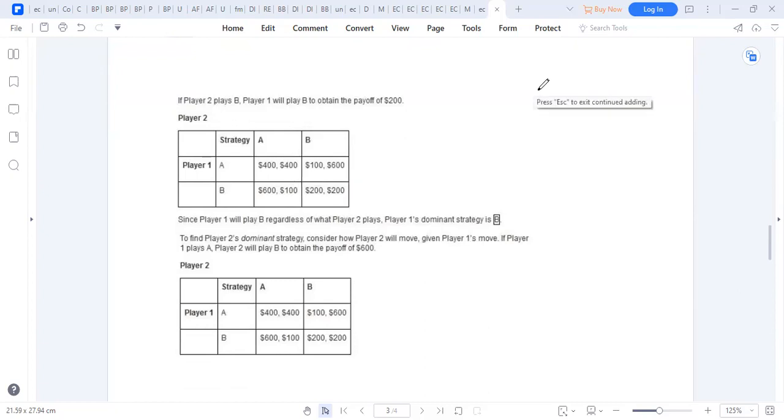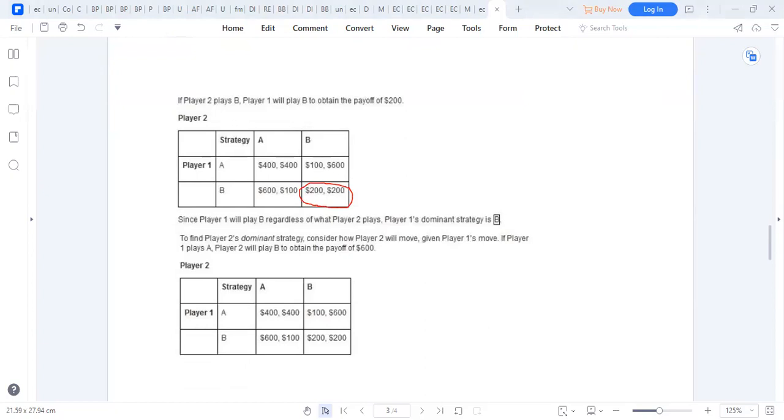So if player 2 picks option B and player 1 picks option B, they will both obtain 200. All right.